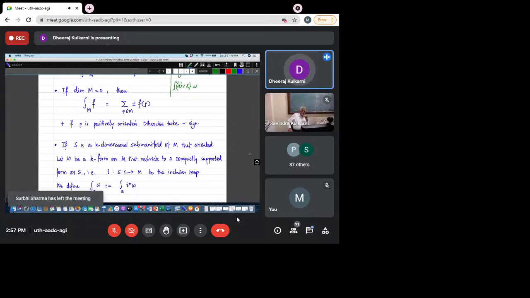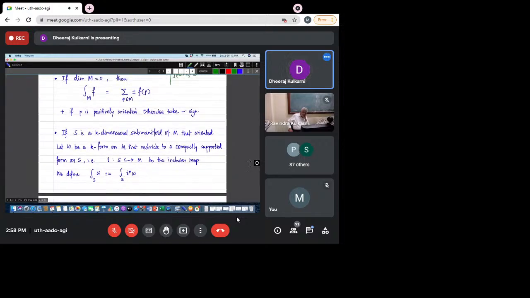How do we take restrictions? You look at the inclusion map from S into M and define the integral of omega on the submanifold as the integral of the pullback form via this inclusion map. So we can make sense of integrating k-forms on k-dimensional submanifolds of your ambient manifold M.